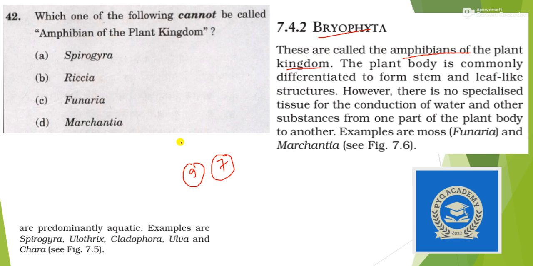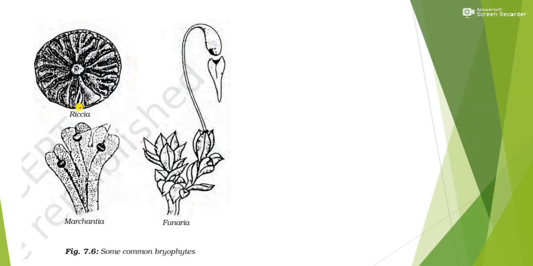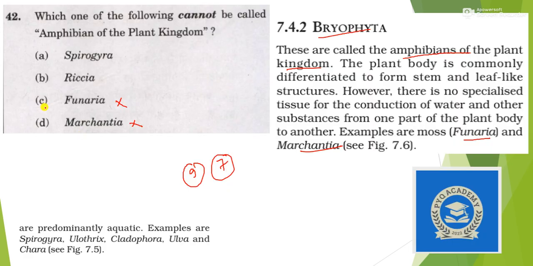So just you can see here, examples are moss, that is Funaria, so definitely this is not the answer. Then Marchantia, this is also not the answer. Then Riccia, it is also not the answer because these 3 are part of Bryophyta.